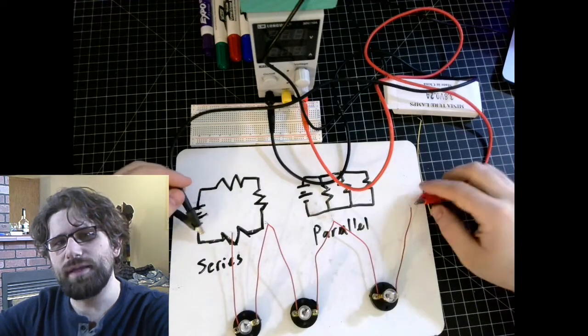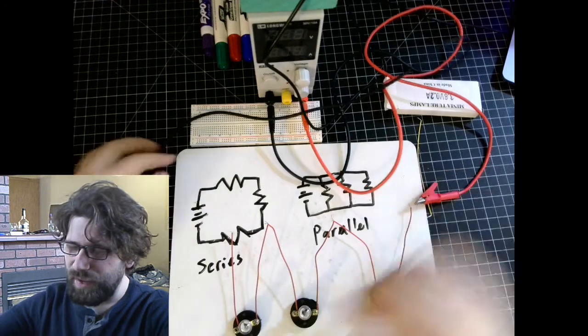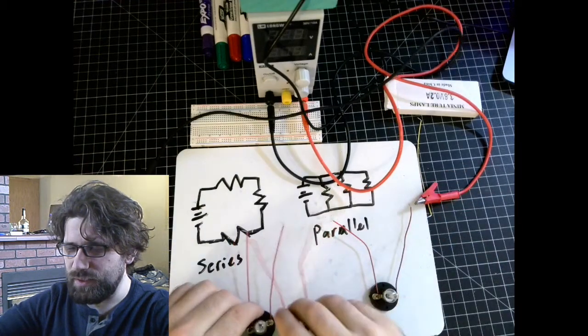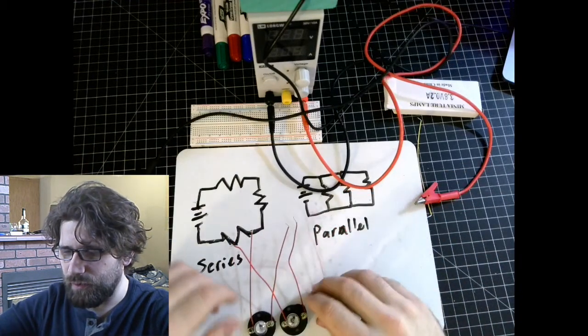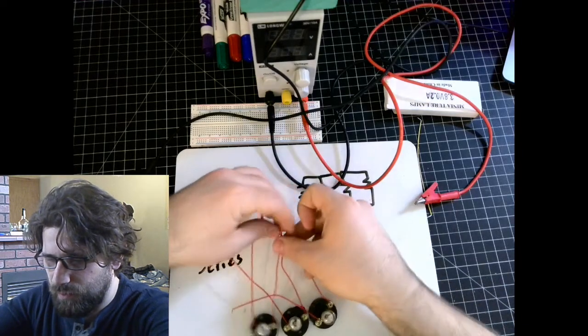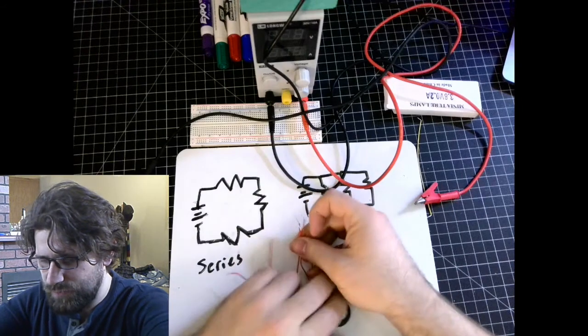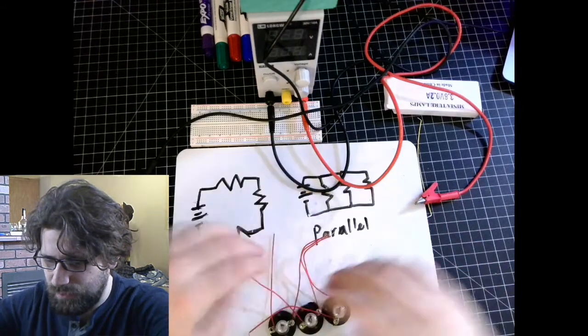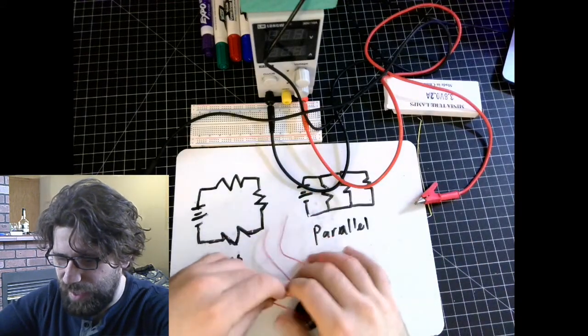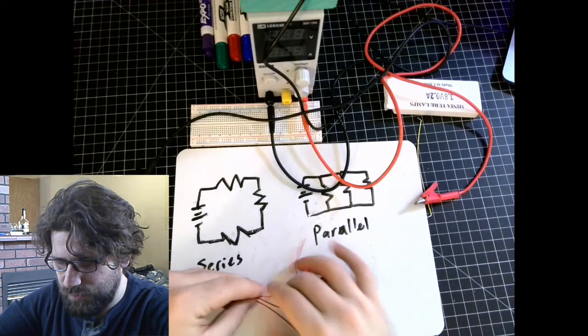But what would this look like in parallel? Well, in parallel, these would all need to be lined up together so that all three of my input wires are connected, and so that all three of my output wires are connected.